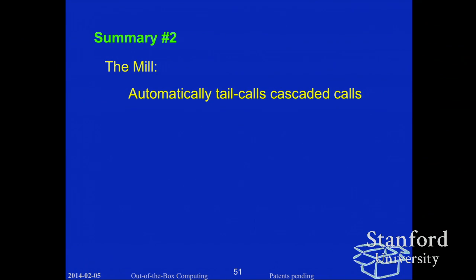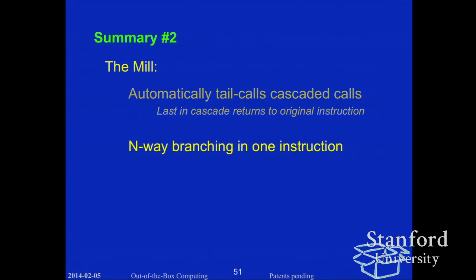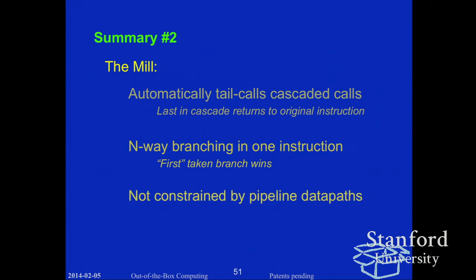Cascaded calls are automatically tail called. Only the last one returns to the original instruction. There's n-way branching in one instruction, and the compiler and the hardware both know what's going to happen and schedule the code accordingly. We're not constrained by pipeline data paths because we can gang, assuming that the underlying functional capacity is there.